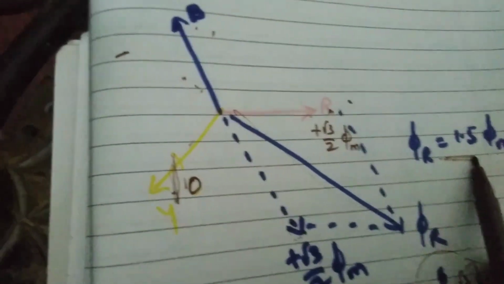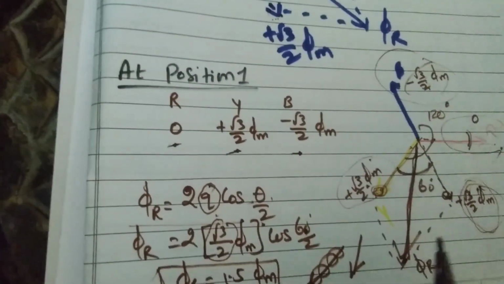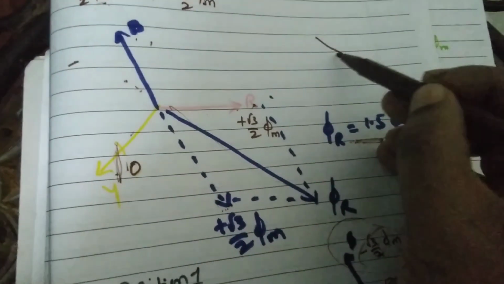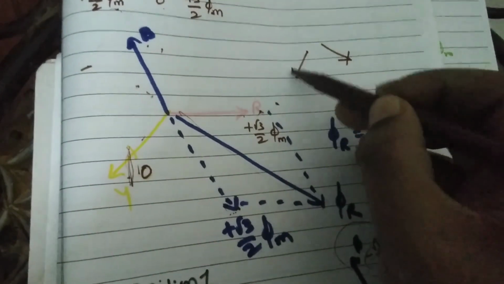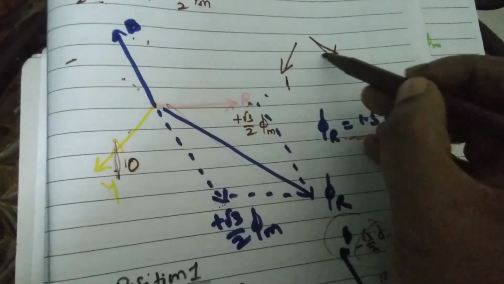But see the direction. Before, the direction was different. This is the first position direction, and this was the final direction. But here in the second position, this is the direction. So from the first position, now this is the second direction.